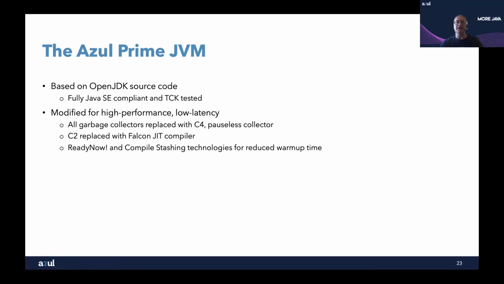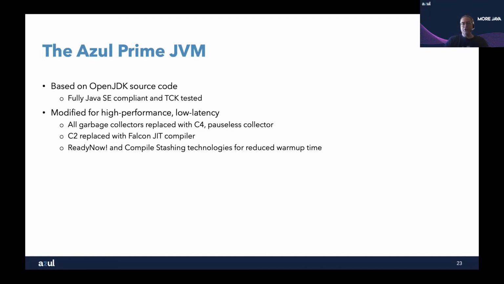And the idea behind that is it is truly pauseless because none of the phases of the collection algorithm involve stop the world pauses. We can do it fully concurrently with the application threads, and we can compact, meaning we do relocate objects within the heap to eliminate fragmentation and make better use of the space that's available.